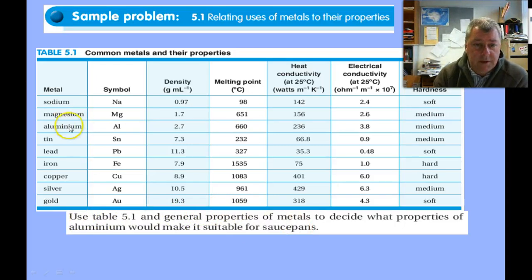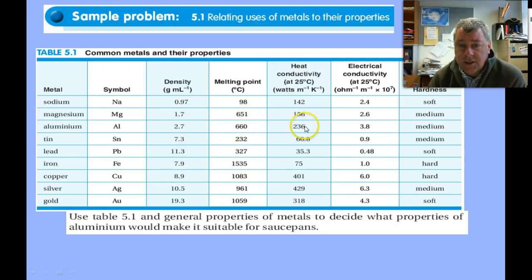So if we look at aluminium, it's dense, it's in the middle. There are things that are denser, like lead, gold and silver. So it's not too dense, it's actually like magnesium, not that heavy. It's got a melting point of 600 degrees, which is pretty good.